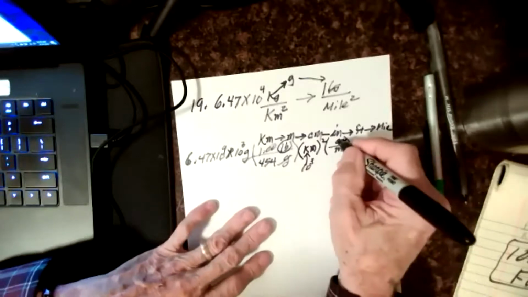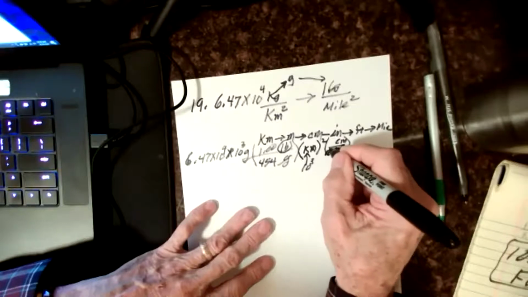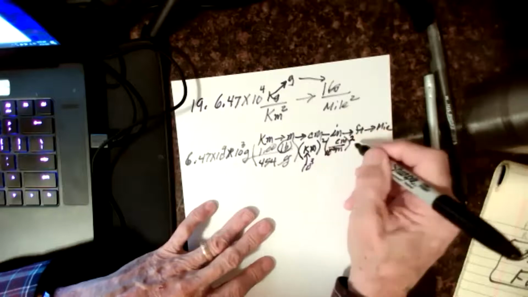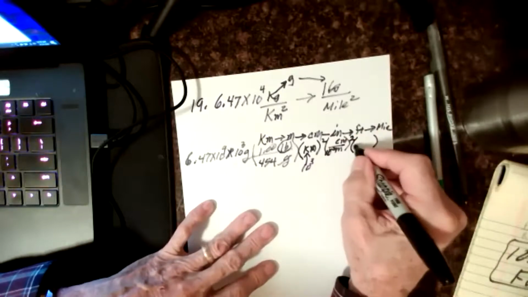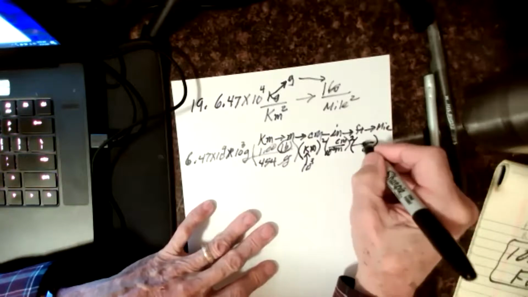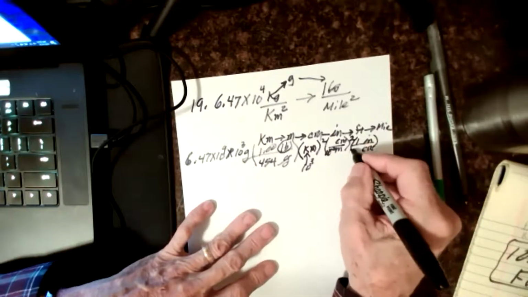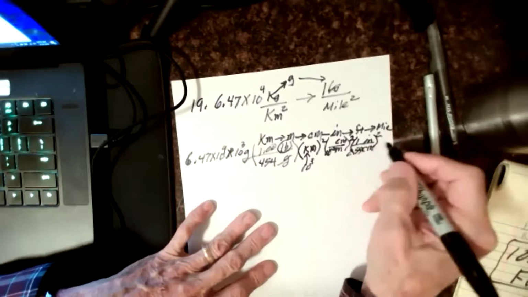And I know that this is 10 to the minus 2, so I'm going to put a 10 to the minus 2 down here. And now the whole thing is squared. Now I've got centimeters. Now I'm going to go to inches. So I want centimeters down here. I want inches right there. 1 inch is 2.54 centimeters, and that's squared.